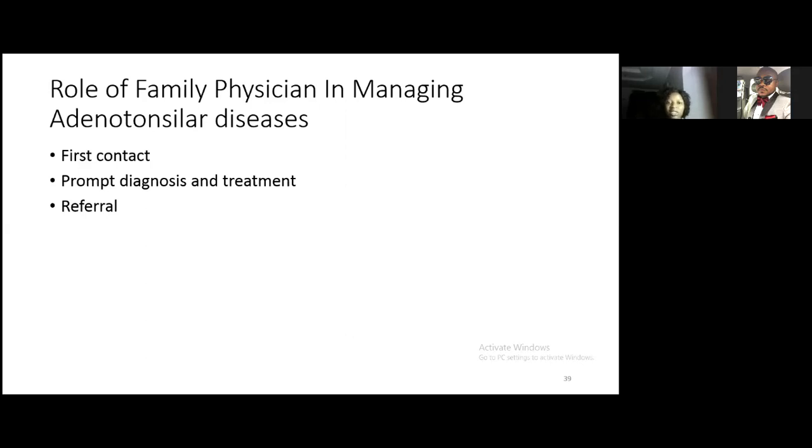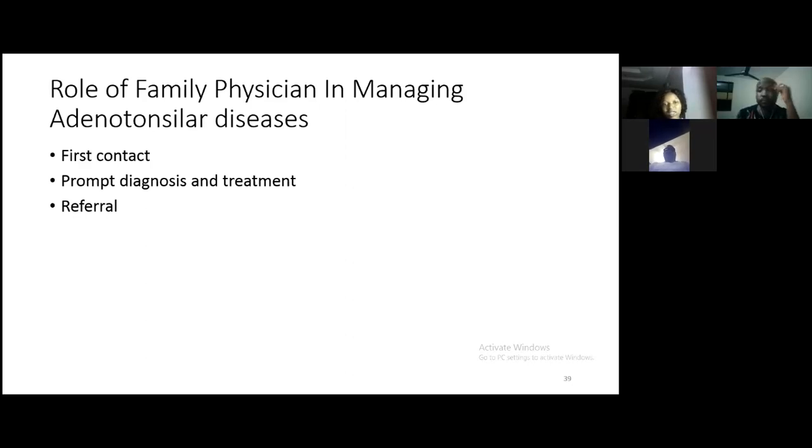At that point the family physician can refer, and also when there's indication for tonsillectomy or adenoidectomy or any other surgical procedure. But most of the cases we see, especially in clinic here, are acute pharyngitis, and we can manage them on an outpatient basis.